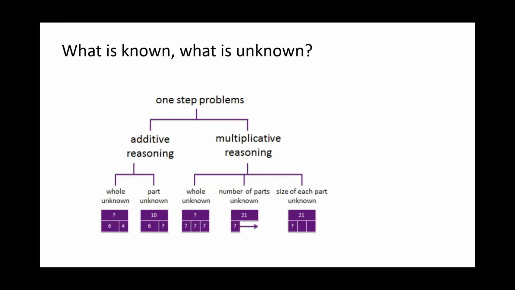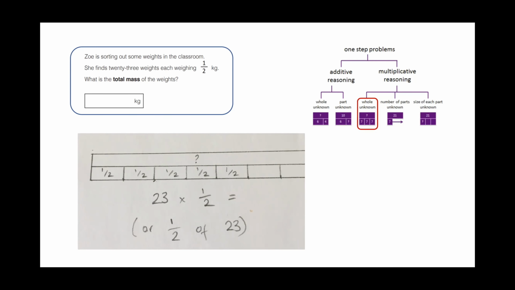So let's have a look at how these structures could help us to solve the problem. In this question here, the only mathematical word that might support us towards finding a procedure is total. But we need to know more than this. So I'd start by pulling out what's known and unknown and developing a rich mathematical discussion with my class.